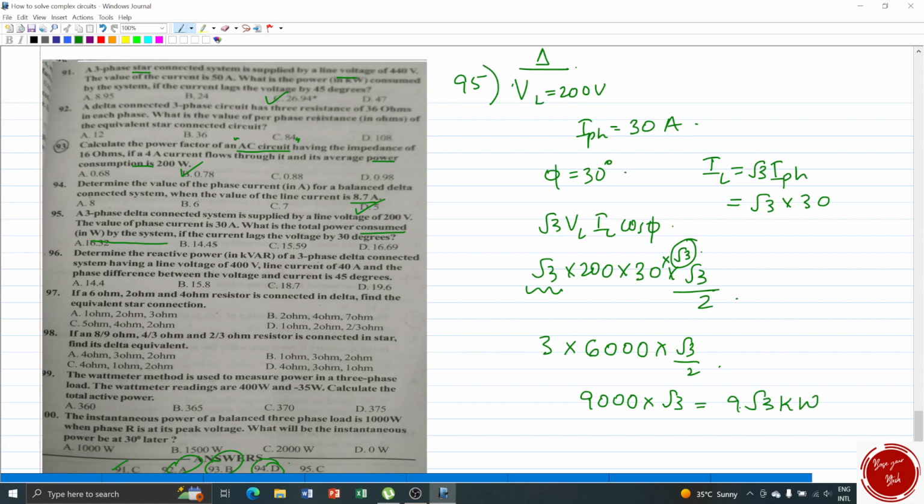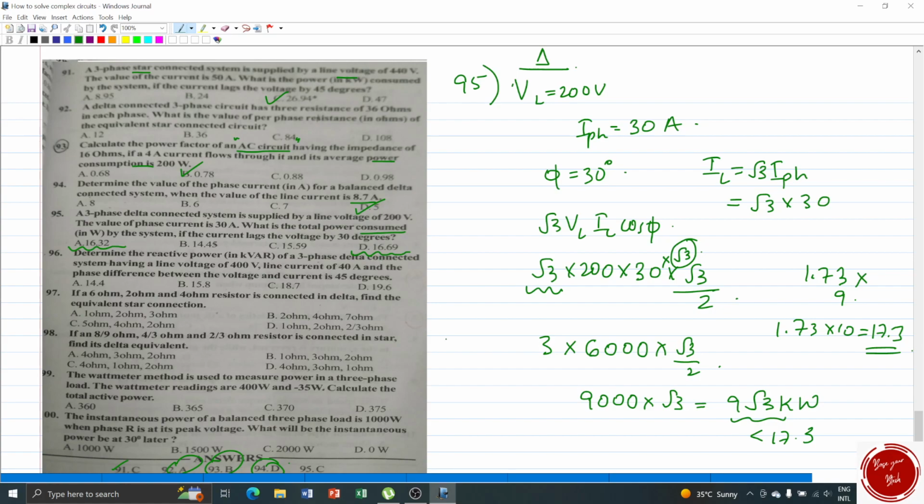It is 9 root 3 kilowatts. What is 9 root 3? 1.73 into 9. We know that 1.73 into 10 is 17.3, so this value will be less than 17.3. Let's check among the options. Every value is less than 17.3, but option A and option D are closer to 17.3.